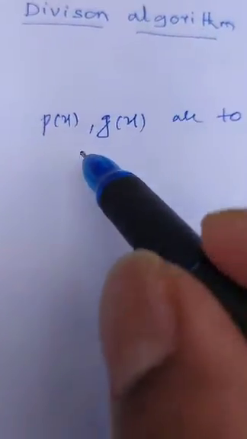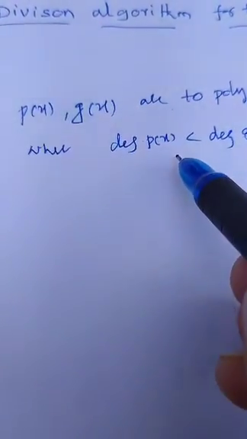In numbers we divide the greatest number by the smallest number. But in polynomials, to divide one polynomial by another, you have to check the degree, right? Degree means the highest power of the variable. Whose degree is greatest, that will be the dividend. Whose degree is less, that will be the divisor.